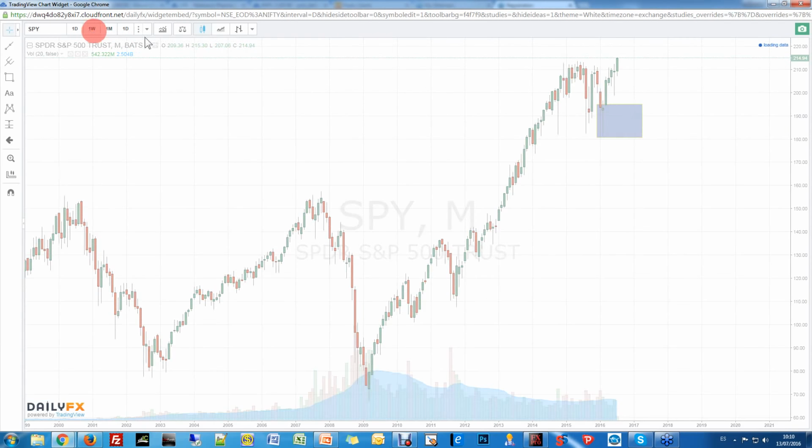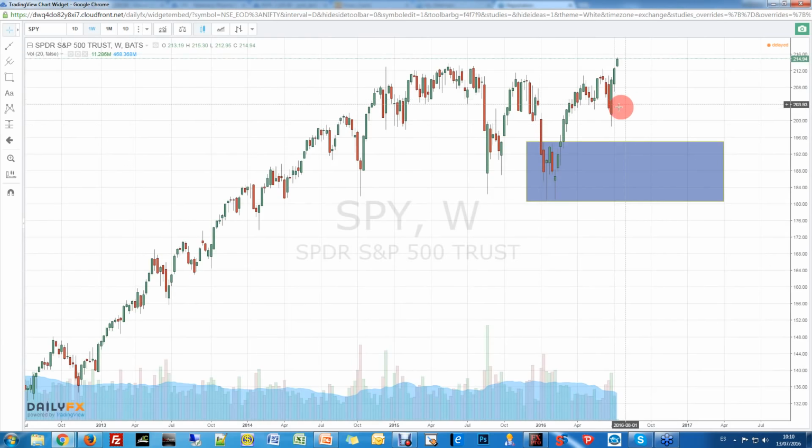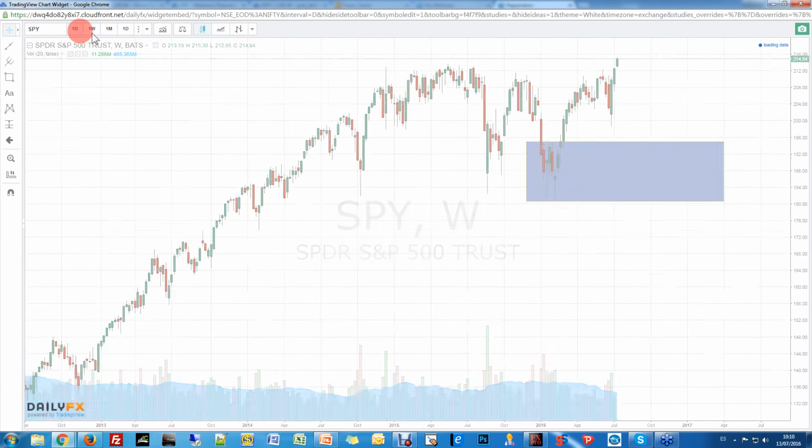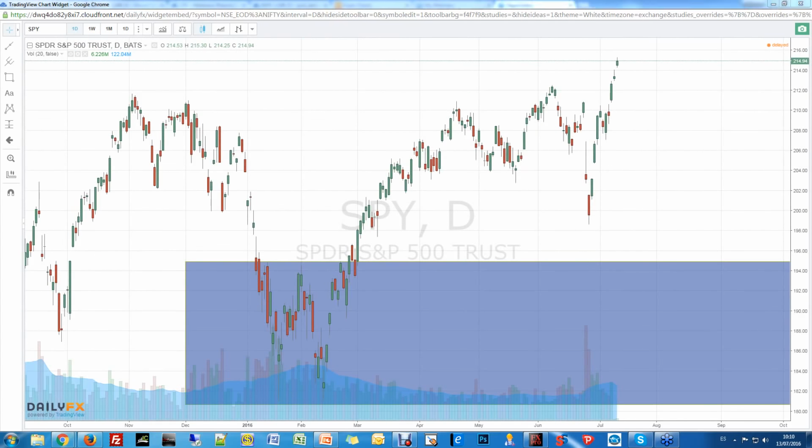On the weekly, we've got a weekly area of demand being formed, and on the daily, we've got this entry and this entry. So long bias here. This is not potential. It's a valid long, but price has not yet pulled back, and probably won't. So new areas of demand will be created on the way up. So long bias on SPY. Make sense?